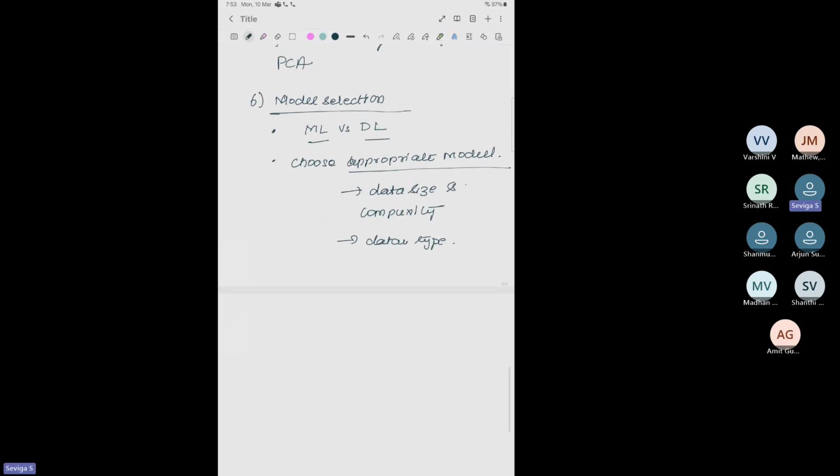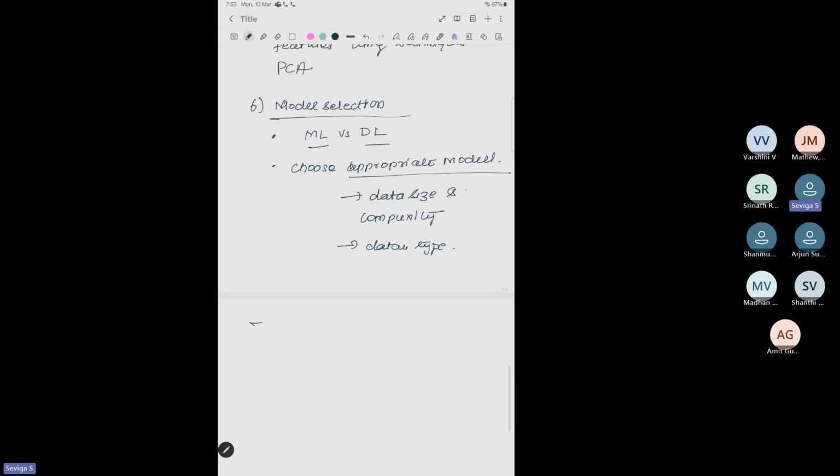So after selecting the model, you have to train your model. For model training, the first thing is that you have to split the data into training, validation, and test set.